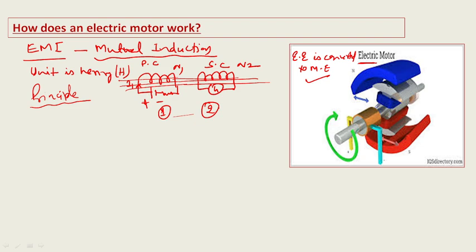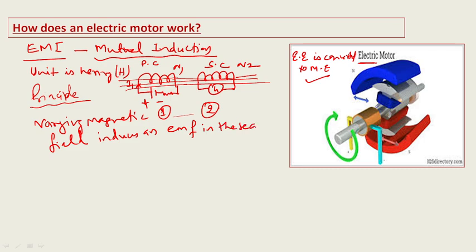Due to this change in current in the first coil, the magnetic field linked with the second coil also changes. The change in magnetic flux takes place, and this varying magnetic field induces an EMF in the secondary coil.